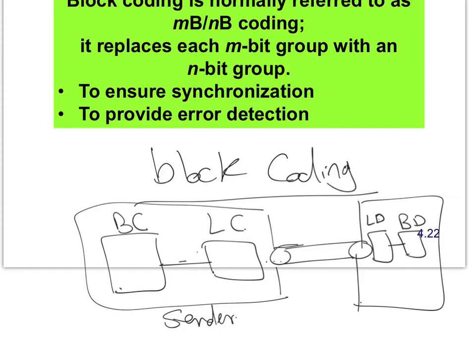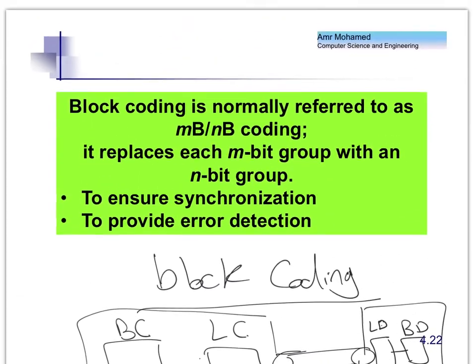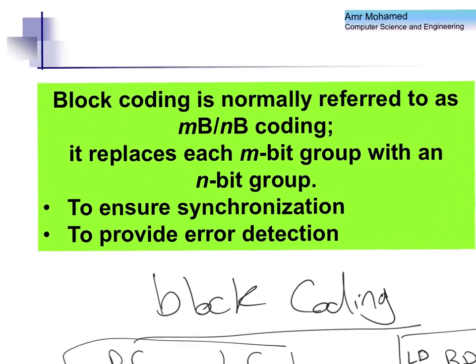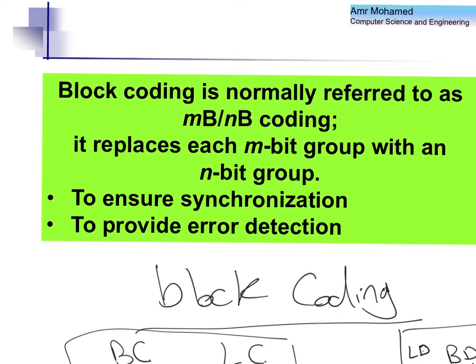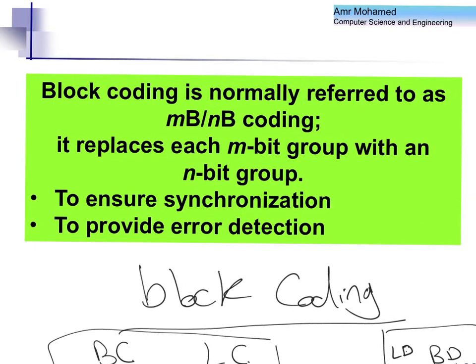So what is the purpose of block coding? As we said before, the main problem for line coding techniques is when we have a constant voltage level for a long duration of time. This causes lots of problems, including baseline wandering, the DC component, and the lack of self-synchronization.